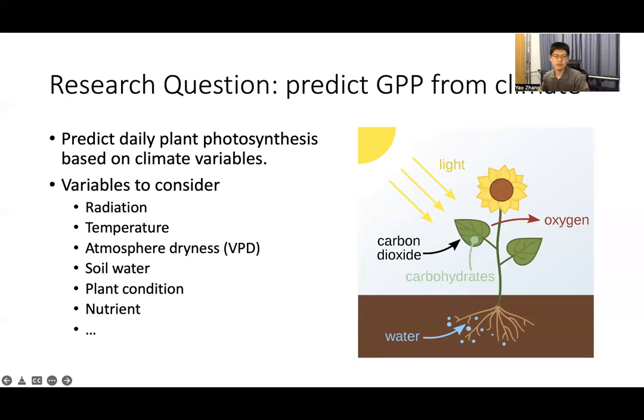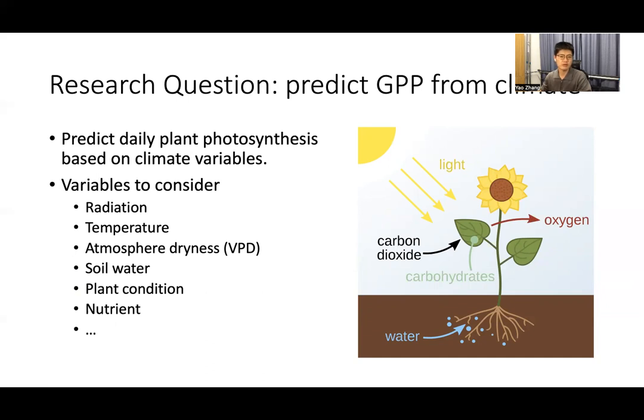To help you better understand machine learning, we will use an example here. Let's say we would like to predict plant photosynthesis, the gross primary productivity, GPP, based on climate variables. We all know that plant photosynthesis happens when plants absorb light and fix CO2 to make carbohydrates.